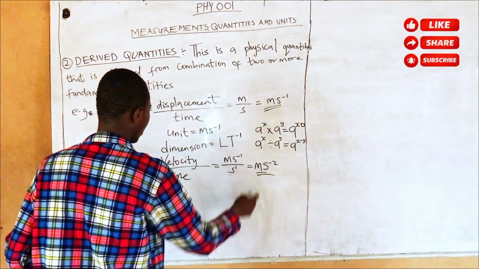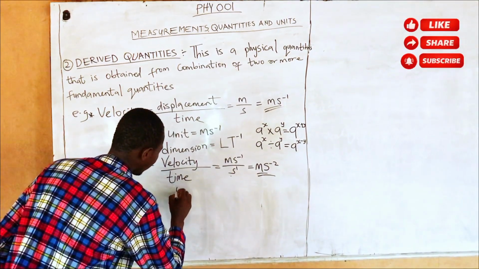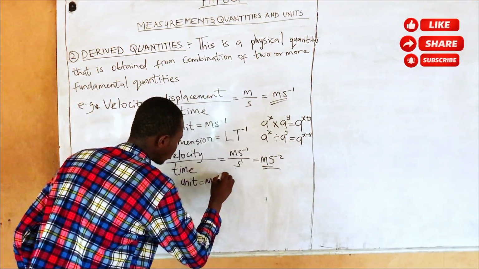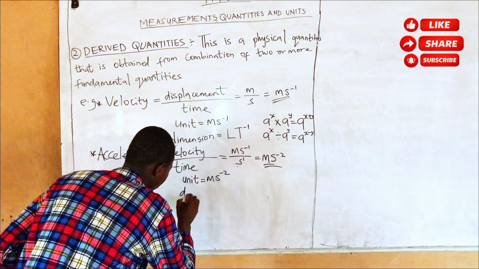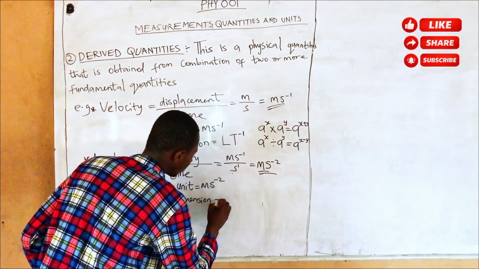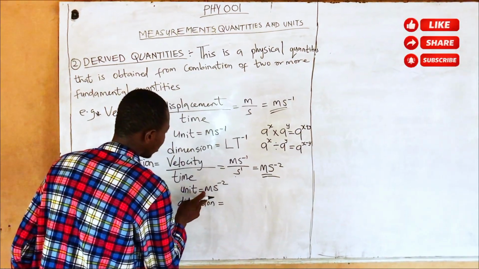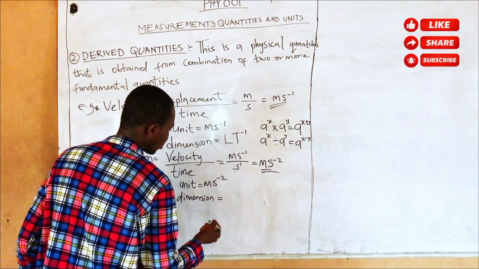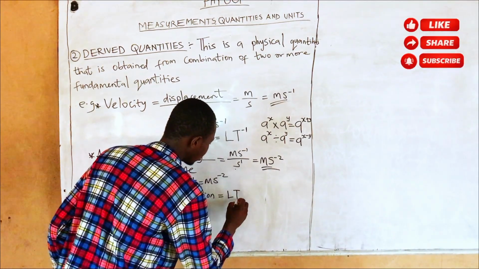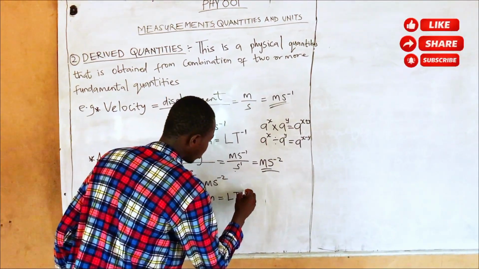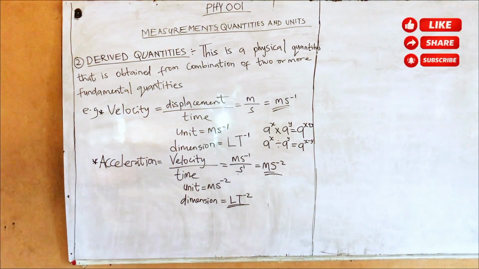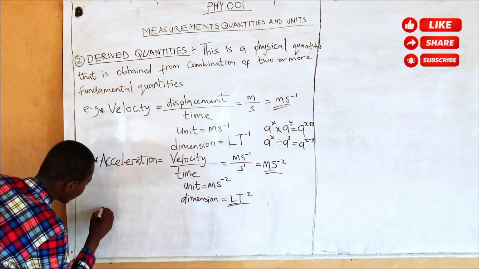So that's our unit. That means we have our unit to be meter per second square. Our dimension to be what? This is meter, right? And a meter is length, right? This seconds, that's T, and the square, you just put it here. That's our dimension. So let's move on.